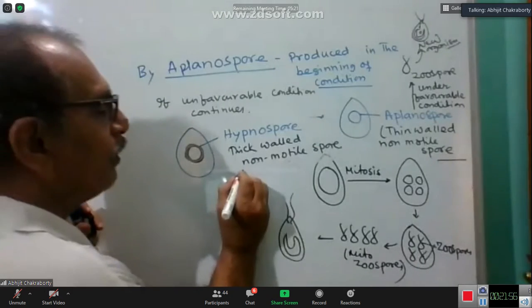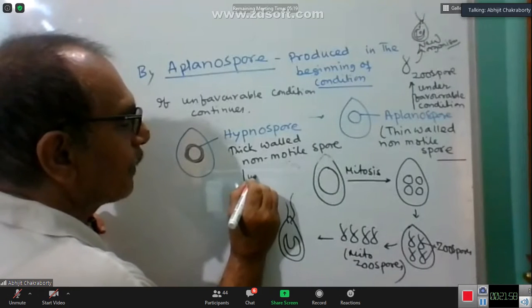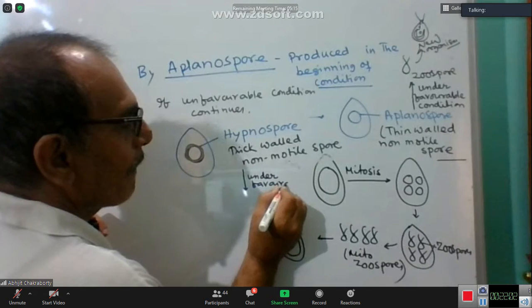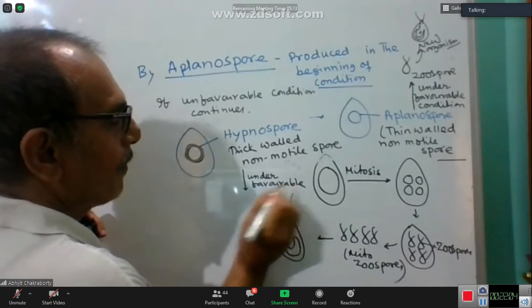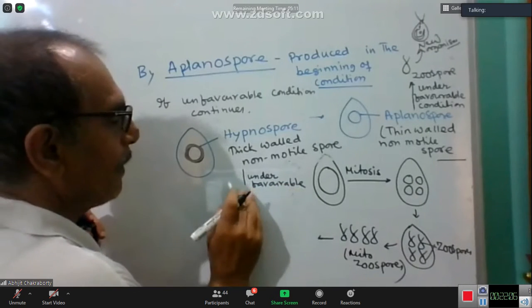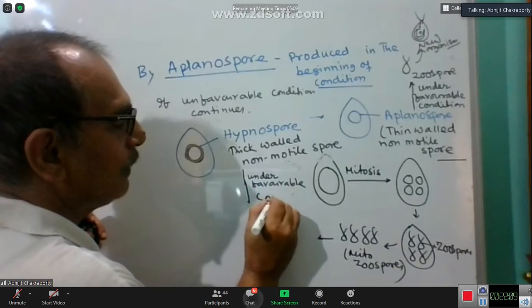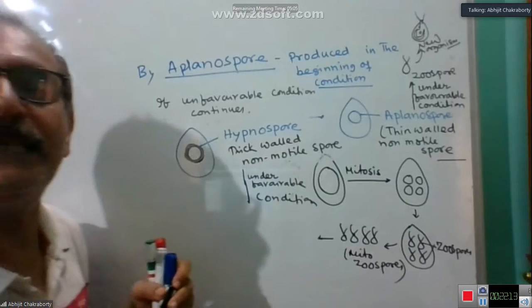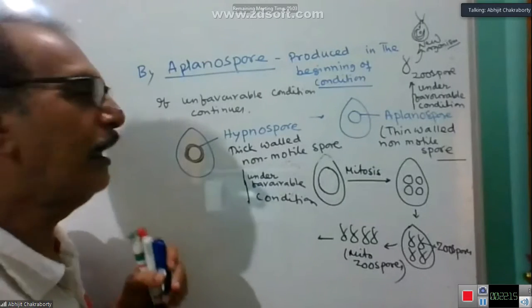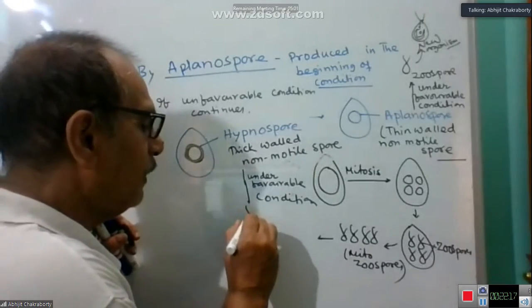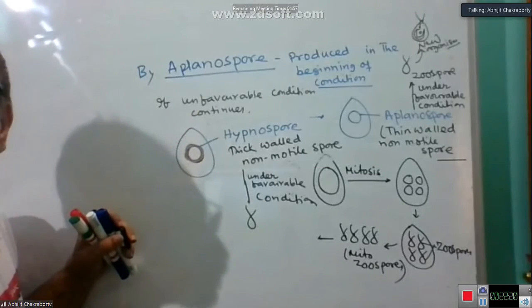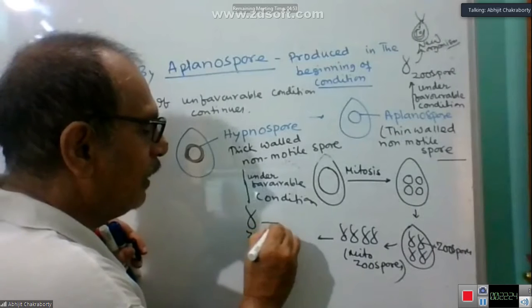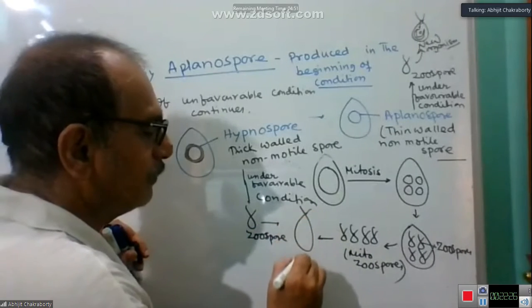Again, when favorable condition comes, under favorable condition, the thick-walled structures get dissolved and these spores will form the zoospore and give rise to a new organism.